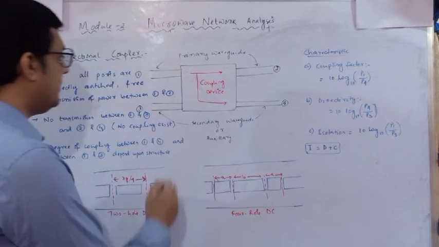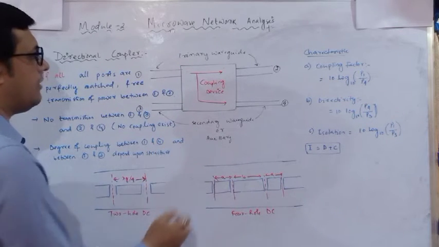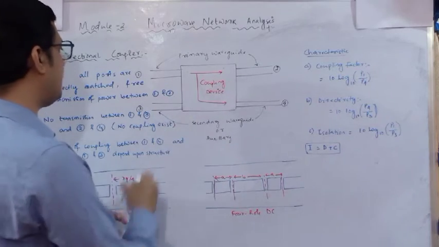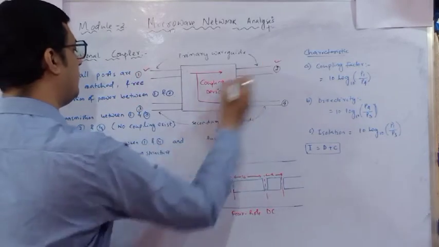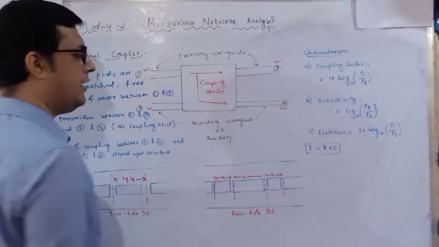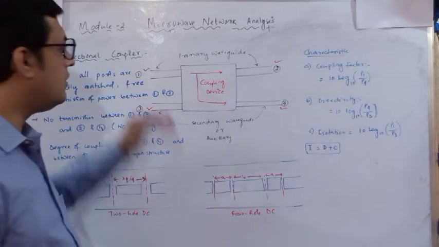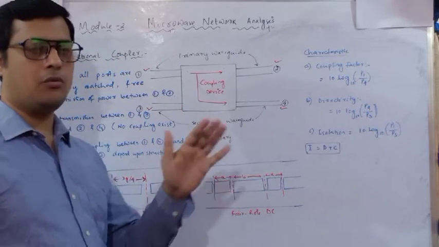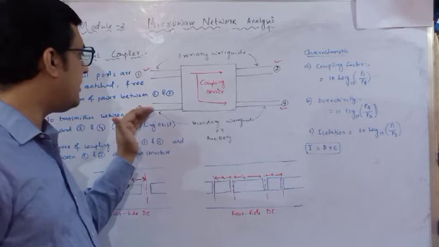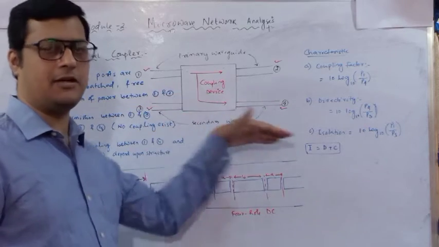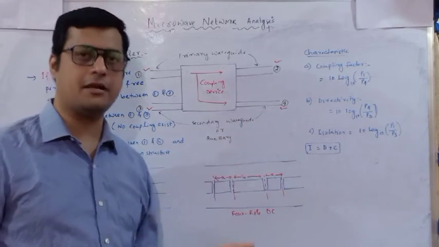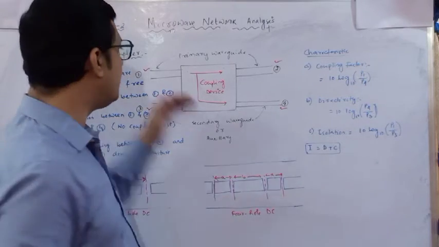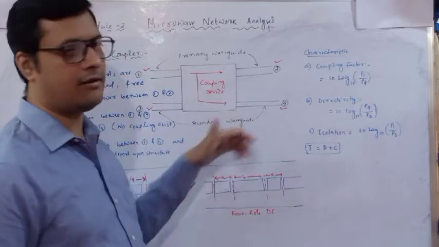Now you can see this is the basic block diagram of a directional coupler. It is a 4 port device: port 1, port 2, port 3 and port 4. Port 1 and port 2, the upper line, is called the primary waveguide line, and the third and fourth ports form the secondary waveguide line, or in some books, the auxiliary arm.